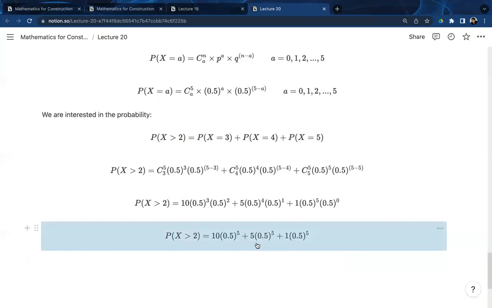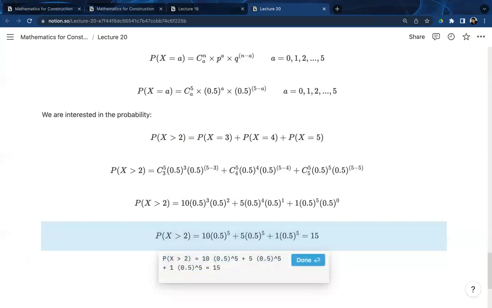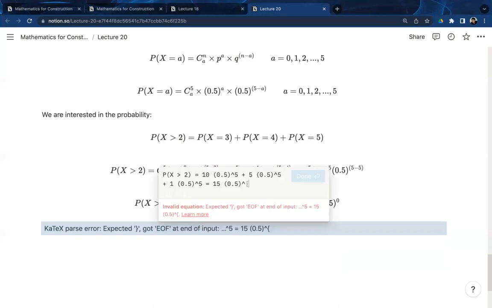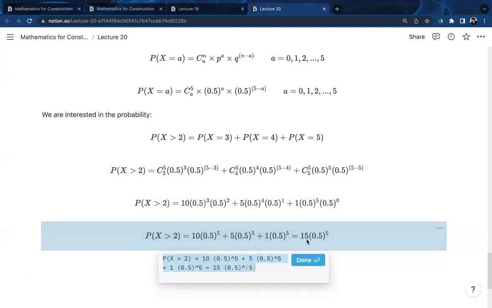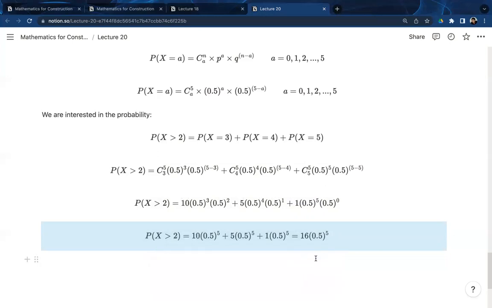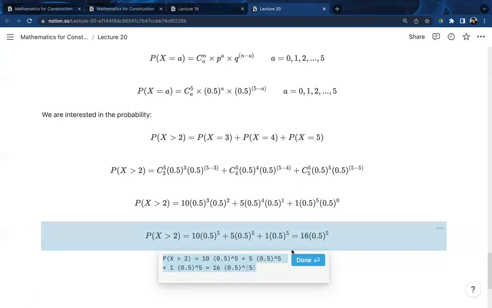This is 16 by 0.5 to the power 5. 0.5 is a half, so a half to the power 5.